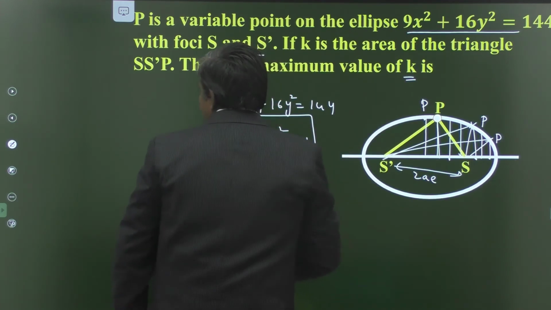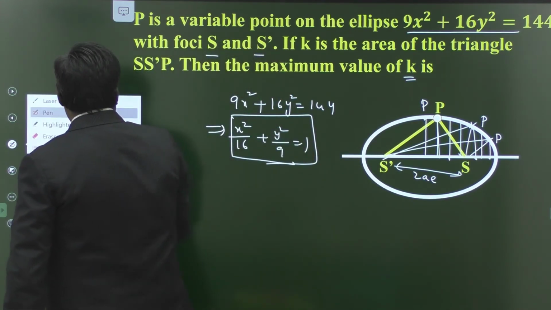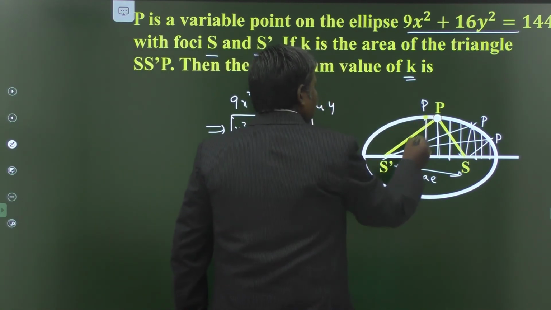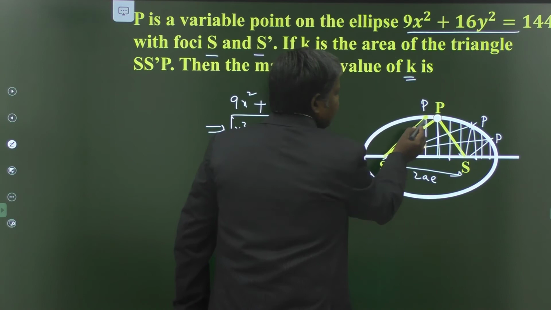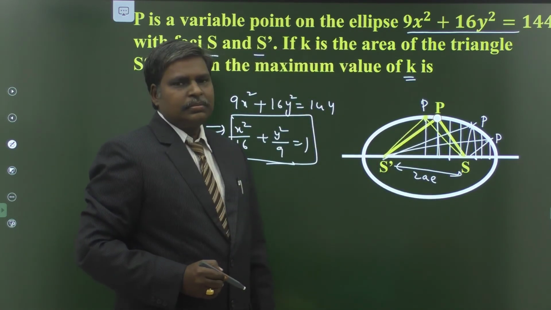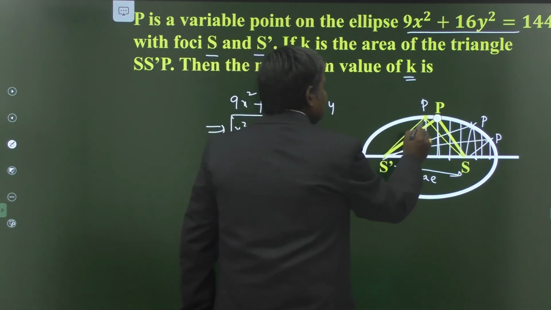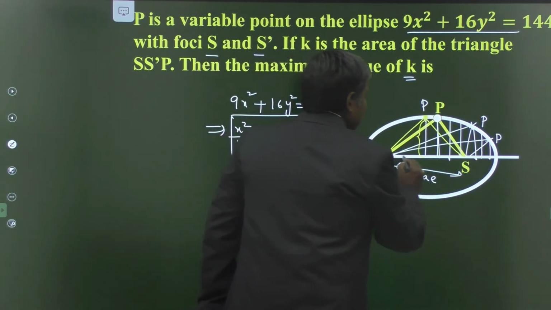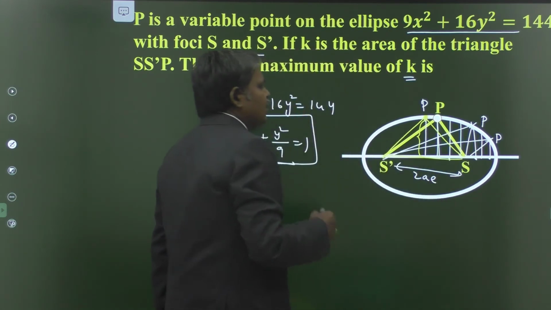So this is your maximum area. By joining the end of the minor axis to S and S dash, you get the maximum area, because this height is maximum at this time. This is SS dash, the base of your triangle, that is fixed.